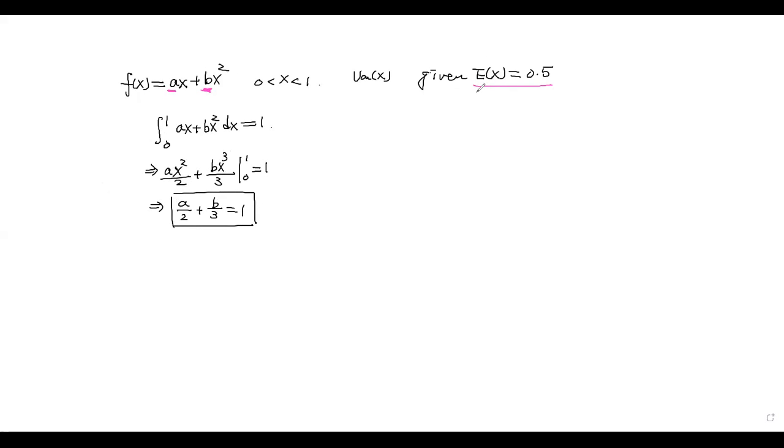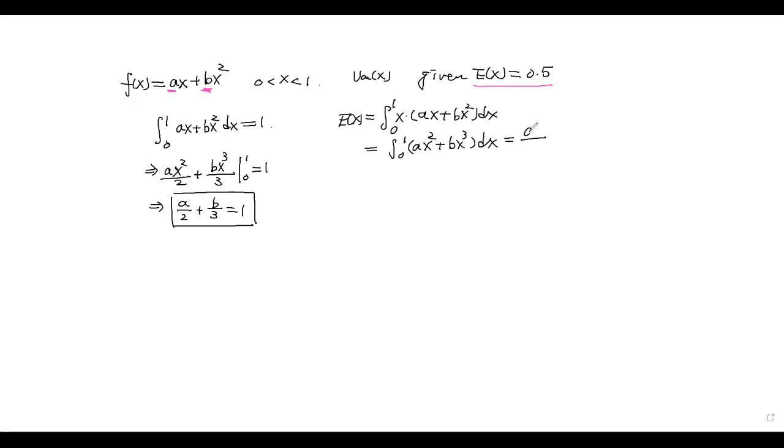Then I can use the condition given to us, that the expected value of x equals 0.5. The expected value of x is just x multiplied by the PDF, so x times ax plus bx squared dx, integrated over the domain, from 0 to 1 of ax squared plus bx cubed dx. This is also a pretty simple integration.